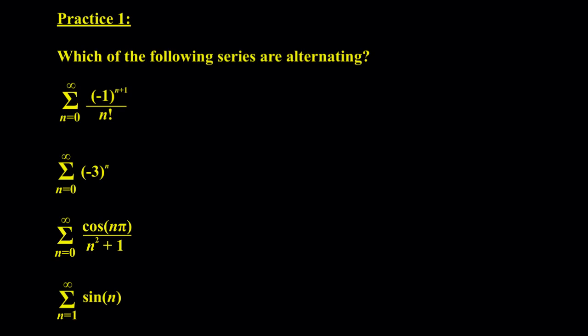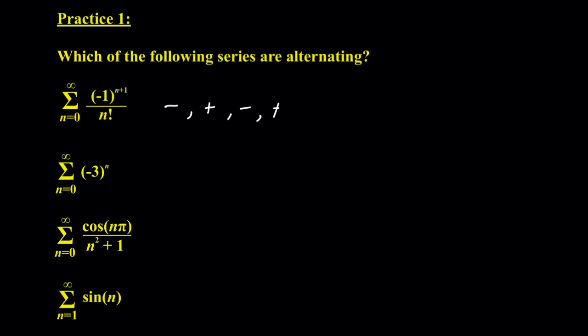So not only are they alternating, but your first term is going to be a negative. Your second term will be a positive. That would be when n is equal to 1. That makes it -1 to the second power, which is positive. And then it jumps to negative, positive, and so on. So yes, that does alternate.